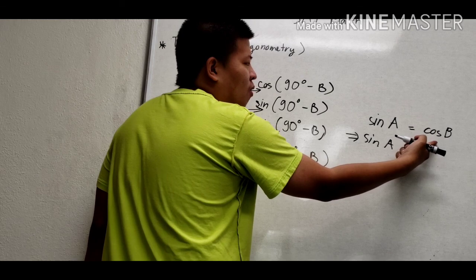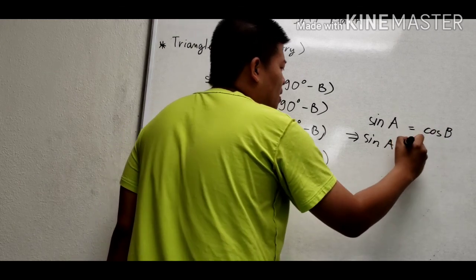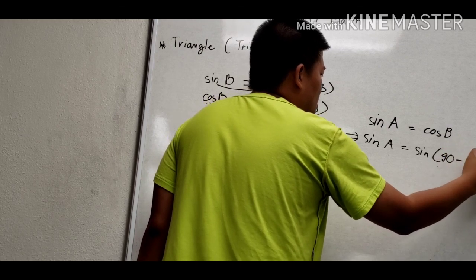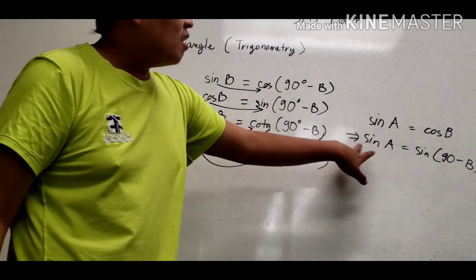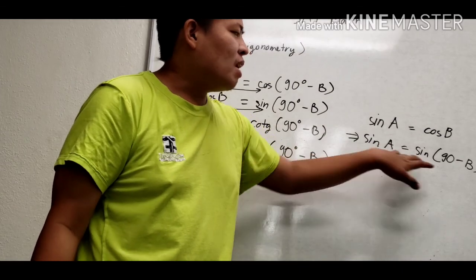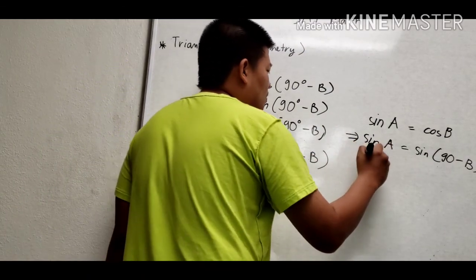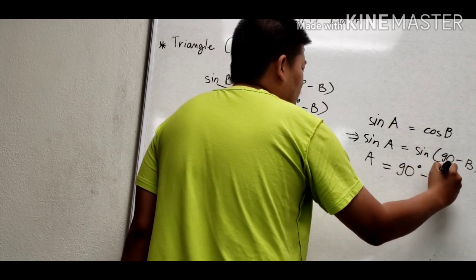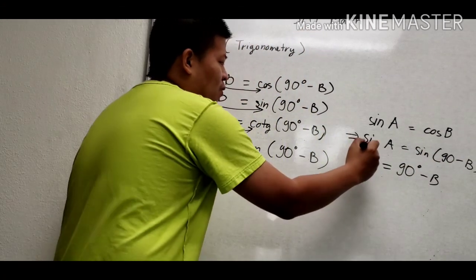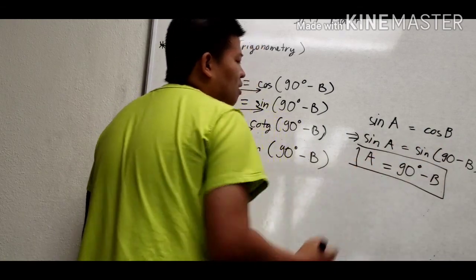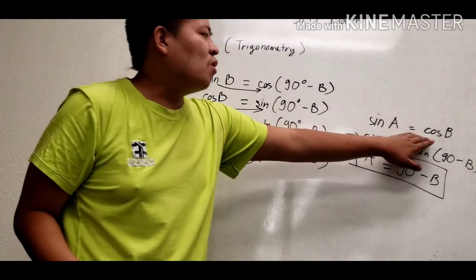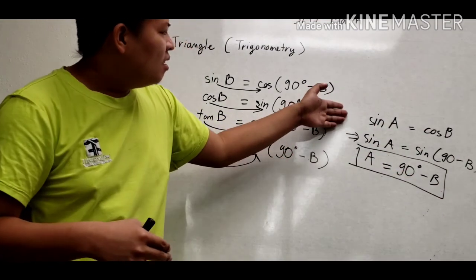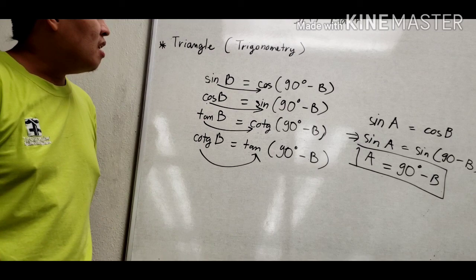It means the cosine of the angle B will become the sine of 90 minus B. Because sine equals sine side by side, we conclude A equals 90 degrees minus B. That's why we need to learn this formula to transform cosine to sine or vice versa. This is so important for the SAT math.